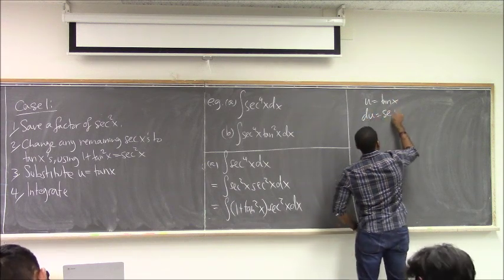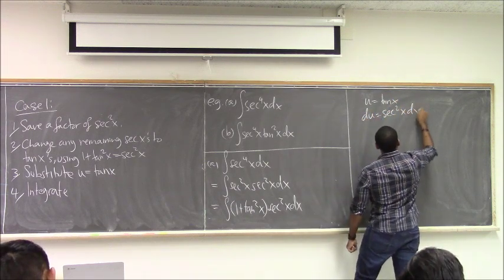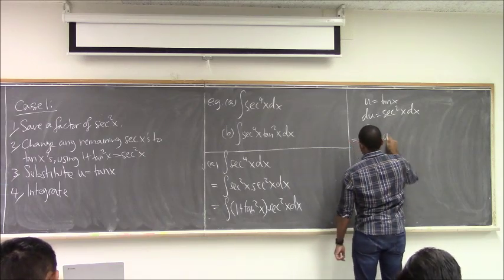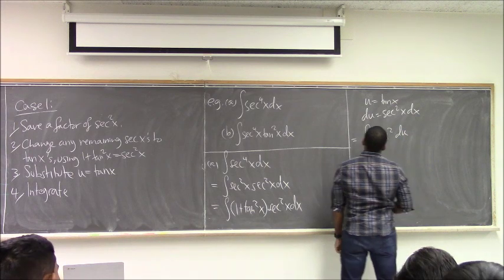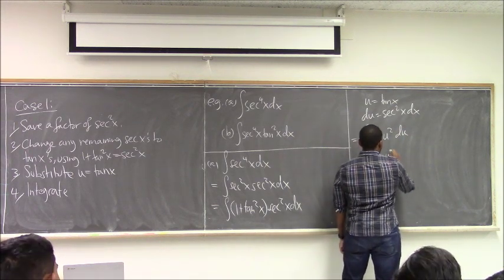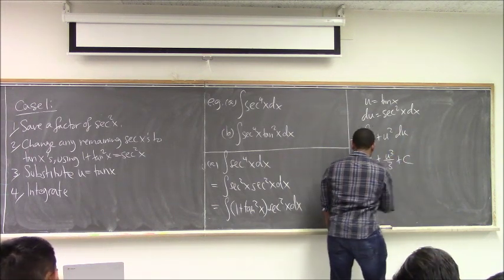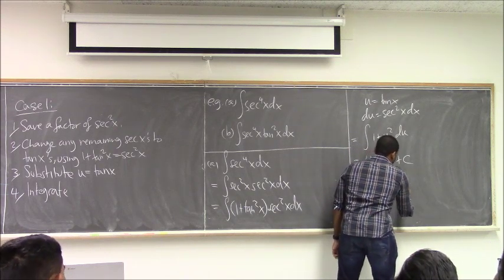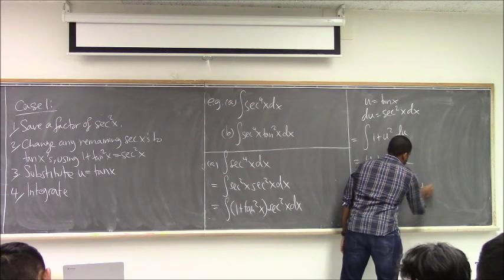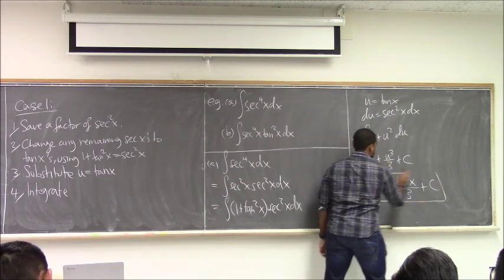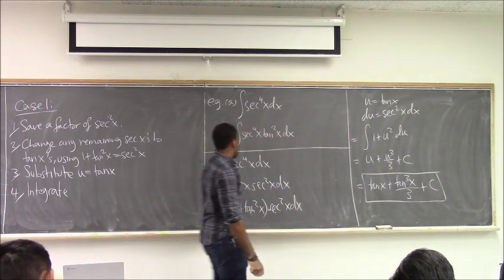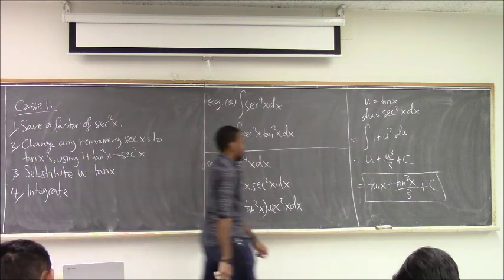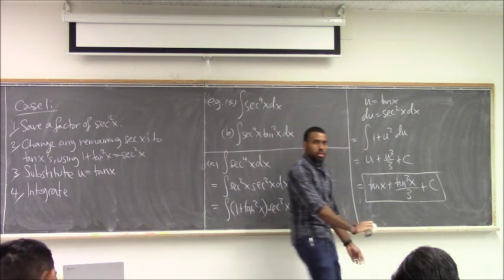Your du is going to be that secant squared x dx, and so this integral is going to become pretty much 1 plus u squared du. That's that one. Questions on that?